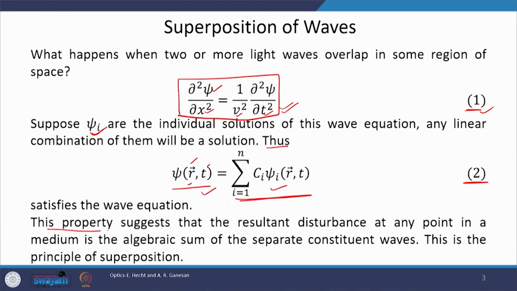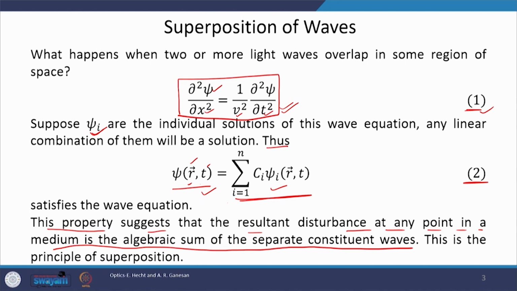Now this property suggests that the resultant disturbance at any point in a medium is the algebraic sum of the separate constituent waves. It means that suppose we have two waves which are propagating in the same medium and they are overlapping in time and space.